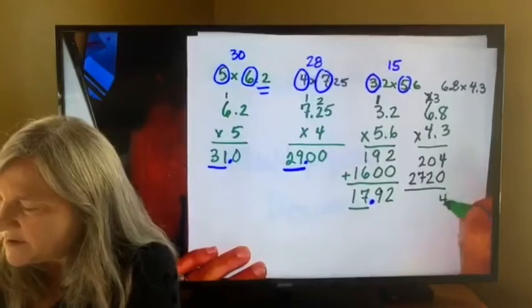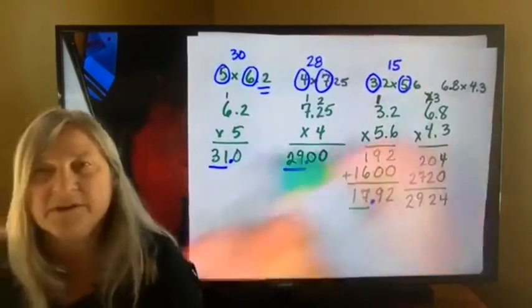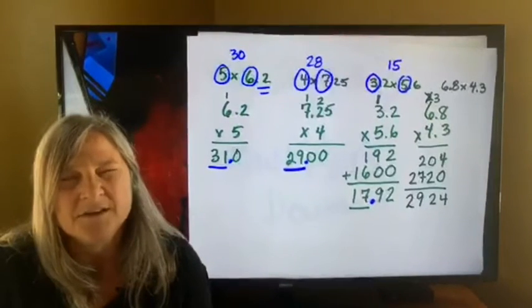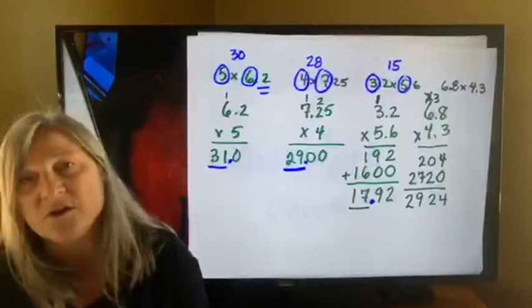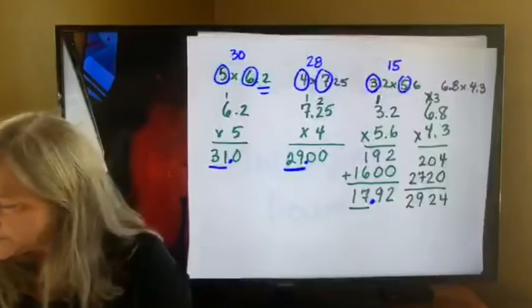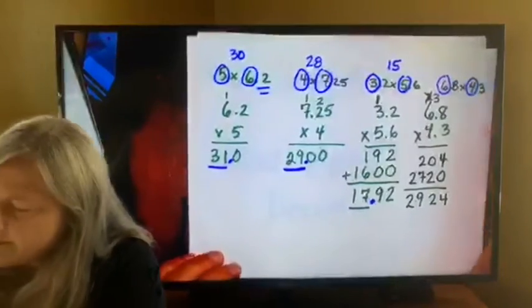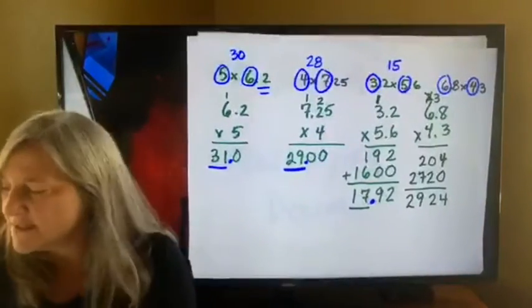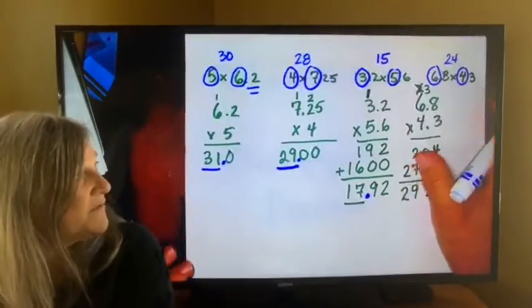So now we have 4, 2, 9, and 2. Oh, we didn't do our check. We didn't do our what do you think it's going to be close to yet. So let's do that, because that'll help us know where that decimal point should go. If we look up here, we have a 6 whole number and a 4 whole number. So 6 groups of 4 is 24.